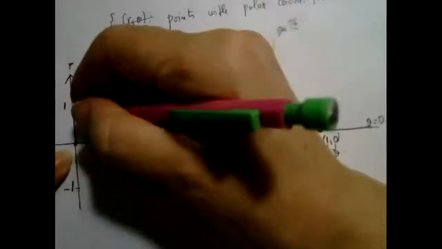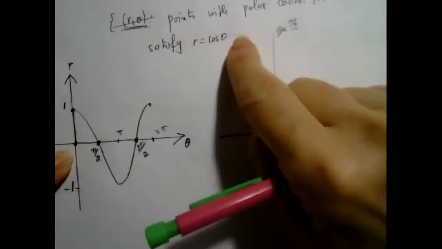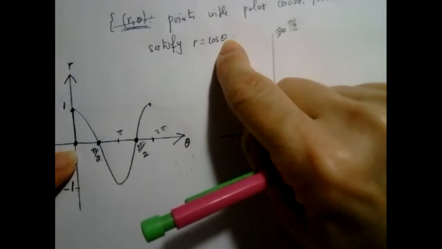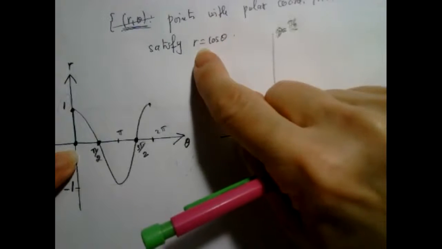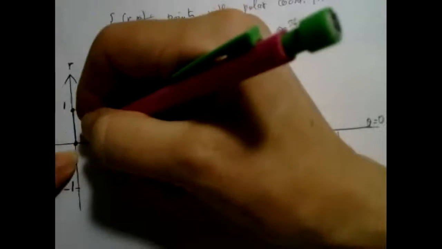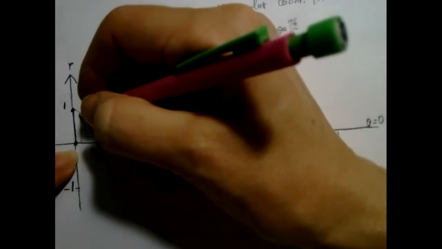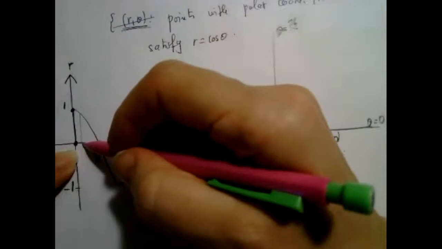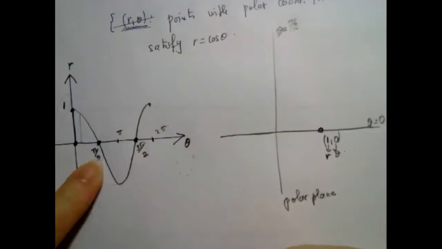No. r is 1 if I plug in 0 for theta. It's crucial to understand this. On this graph, the vertical distance is r and the horizontal is theta. All right, thank you, I see.